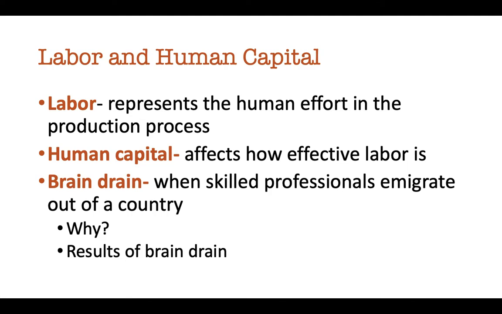But more recently, the United States has actually been suffering from brain drain just because of the way our immigration system is set up. Whether you think there should be more or less immigration, it's kind of funky the way it's set up now. It's fairly easy to get a student visa here in the United States to come study at one of the colleges and universities here. The United States is a leader in higher education, so we get a lot of foreign students who want to come study here.